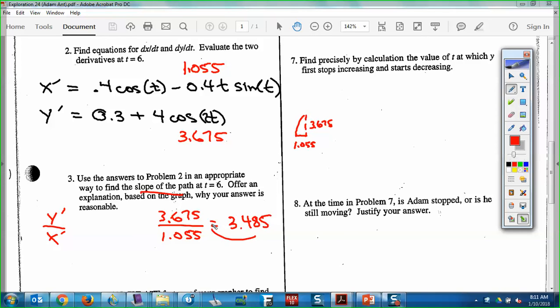And what would the units be? Speed units north over speed units east. He's going 3.485 units north for every unit east, so he's going 3.485 times as fast up as he is right. That's the slope of the path.